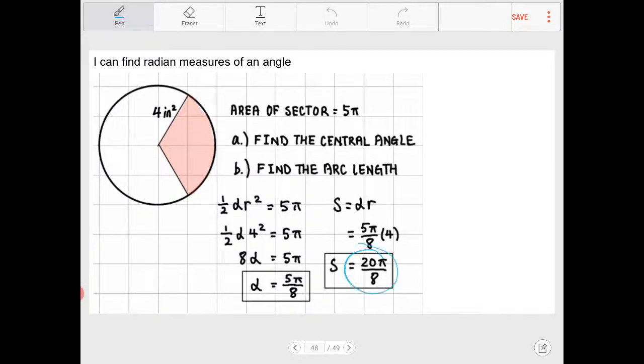In this solution I did not reduce it, so 4 goes into both 20 and 8 to get me 5 pi over 2, again in inches.